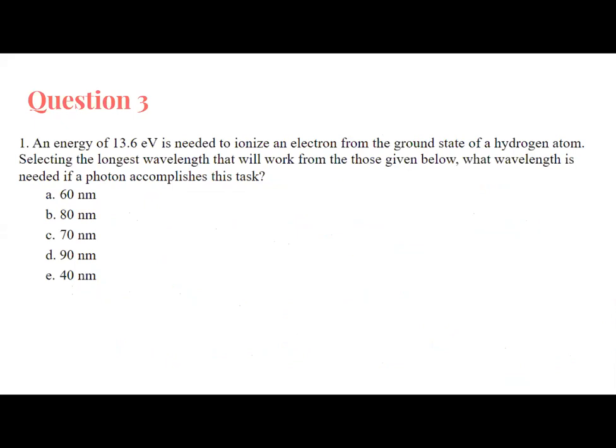So this question is asking, of all these wavelengths shown below, what's the longest possible wavelength for a photon to still be energetic enough to ionize the electron? The photon still needs to have enough energy to excite it from the ground state to freedom. So it needs to be at least 13.6 electron volts or higher.